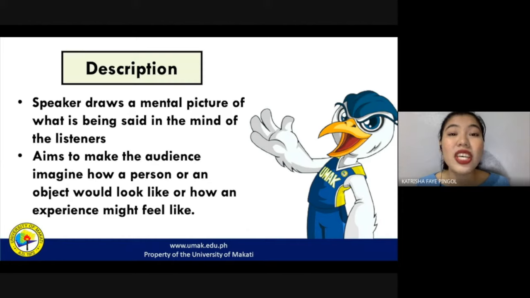You are using mainly adjectives to describe that object, to describe that experience. Now, these are not simply normal, typical adjectives that you use every day. You have to make your descriptions as vivid as possible, as if you are allowing your audience to experience it with you, to see it for themselves, to feel it for themselves as well.